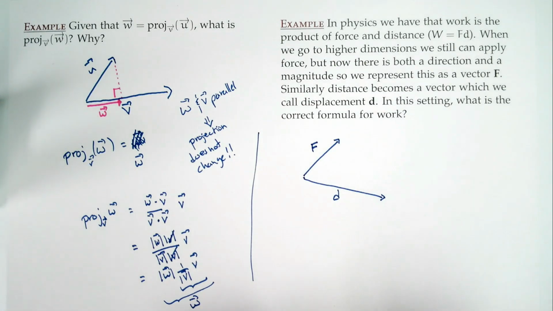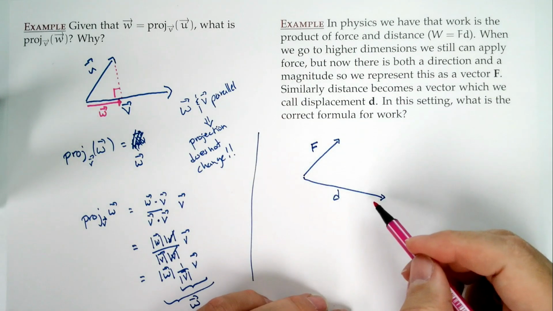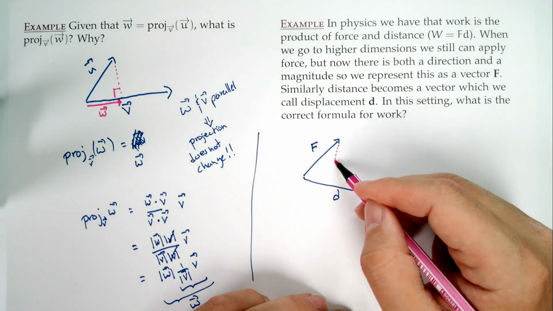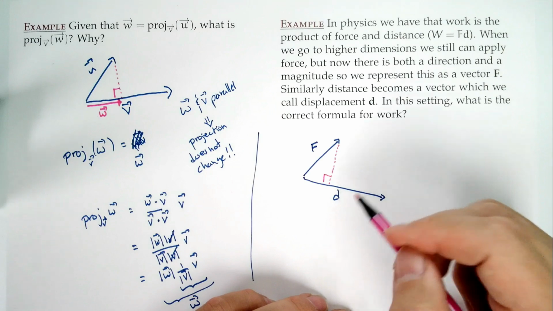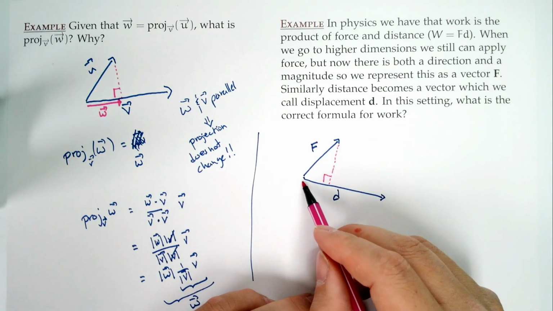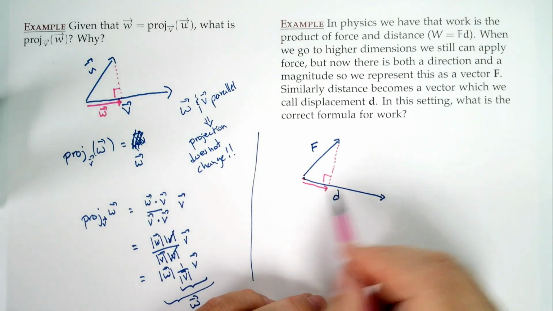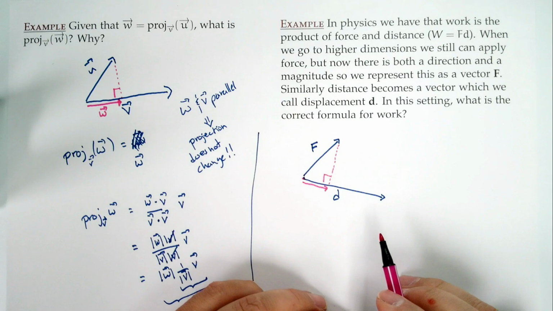We can ask how much of the force is actually being applied to move things in the right direction? Because sometimes not everything works equally well. So to figure that out, let's do our projection. This part right here is the force that's actually being useful.